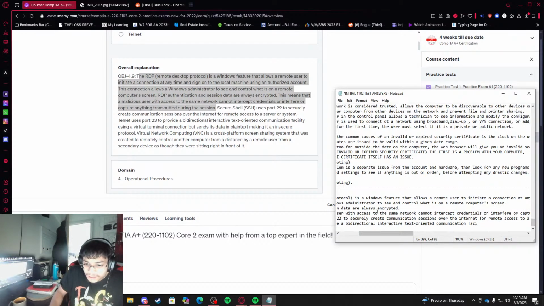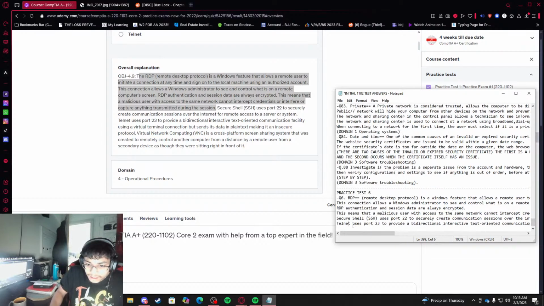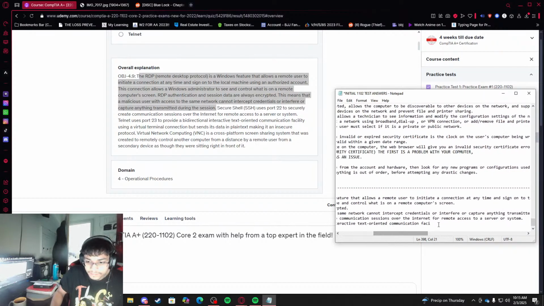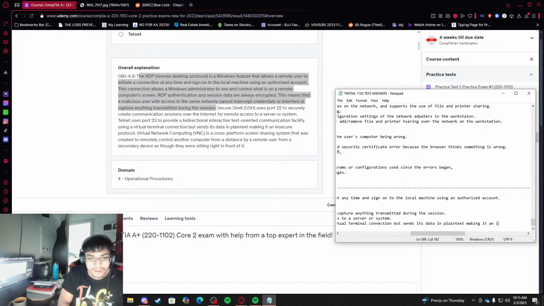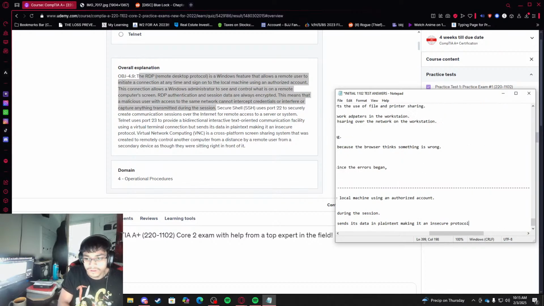Facility using a virtual terminal connection but sends it's an insecure protocol.